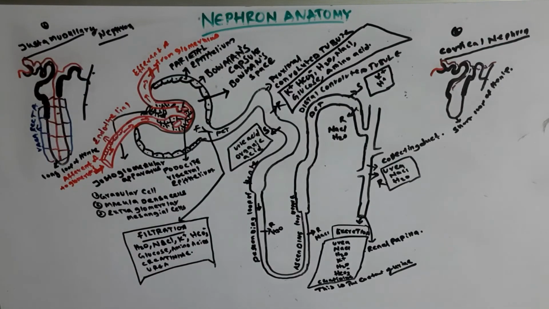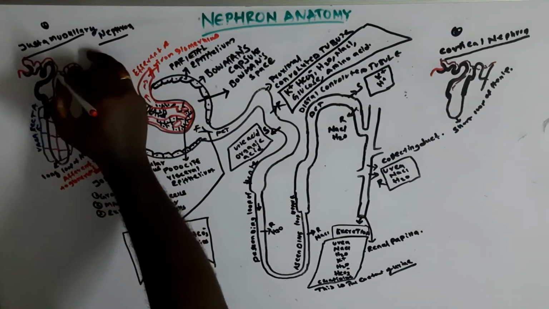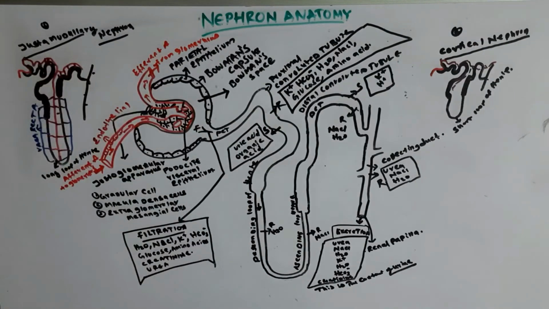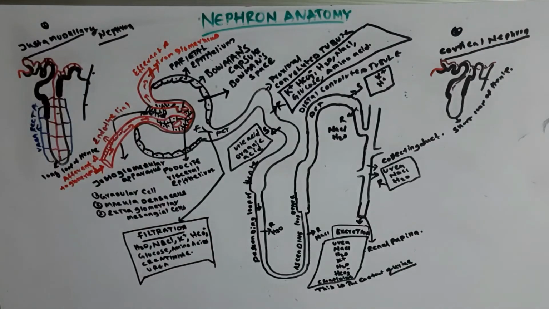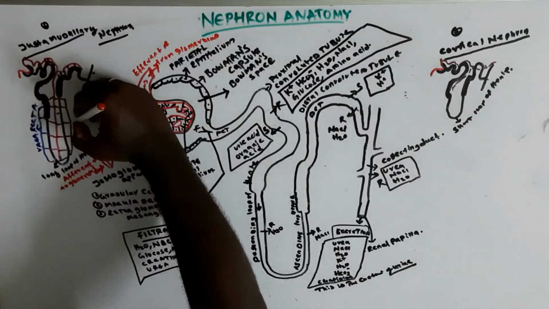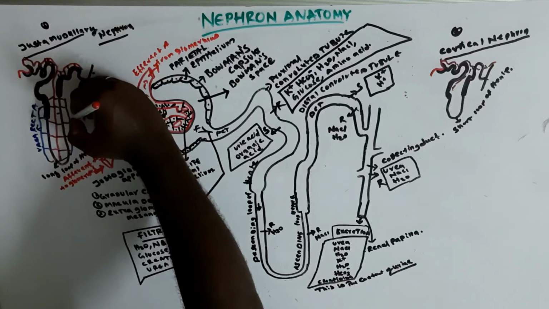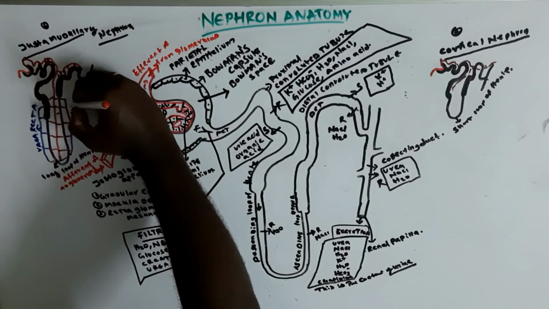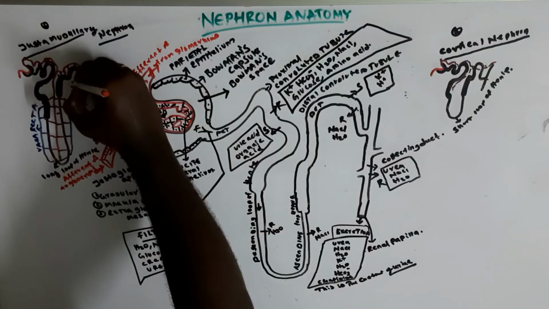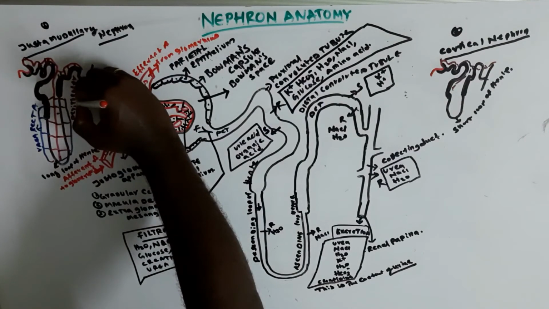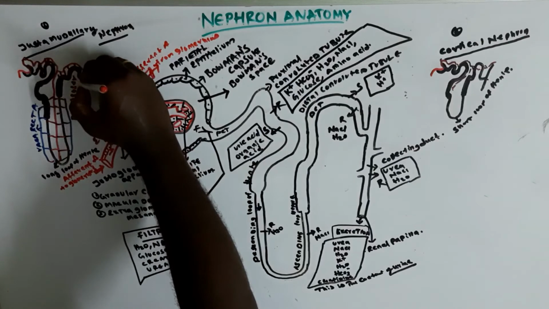After this vasa recta, it gives branches from there, as I have given you a clear indication in blue, connecting to the arcuate vein. From there it goes, and I'll give you a clear indication in the lower part, how the blood supply enters the arterioles, I mean the afferent arterioles, and after the efferent arterioles, how it becomes deoxygenated blood and how it enters the inferior vena cava.